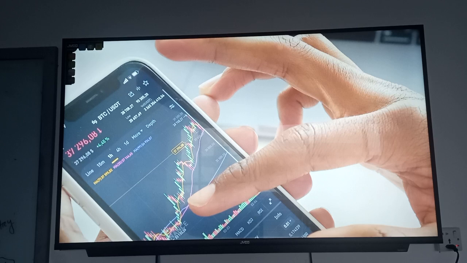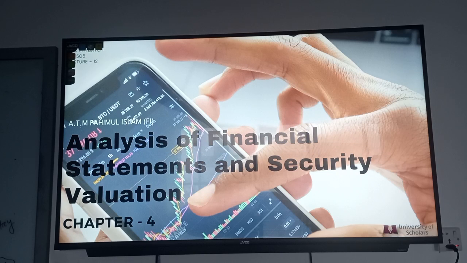We will discuss what bonds are and several characteristics of bonds, and the simple math of how a municipal bond is valued or measured. So let's start today's class, entitled Analysis of Financial Statements and Security Valuation.